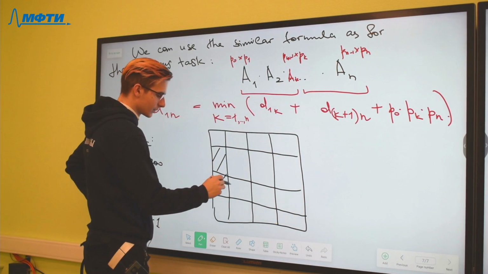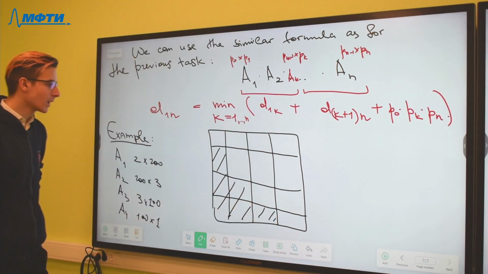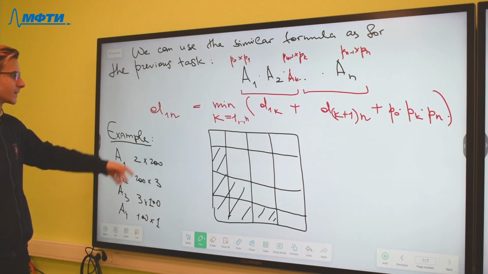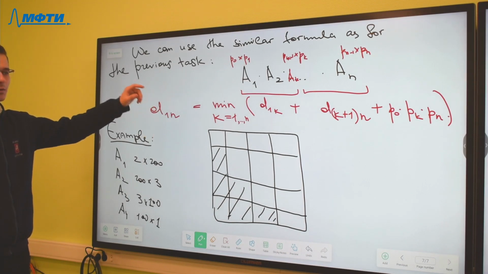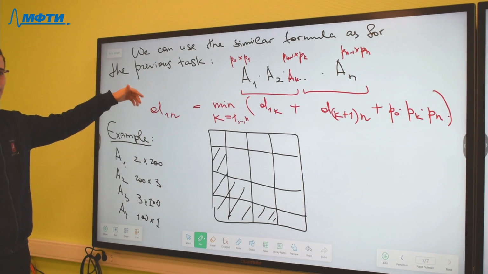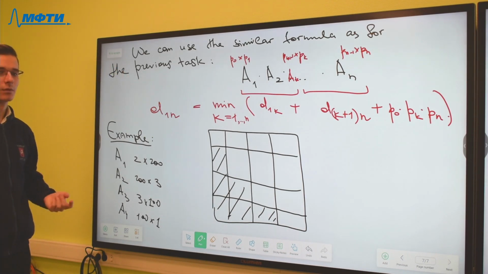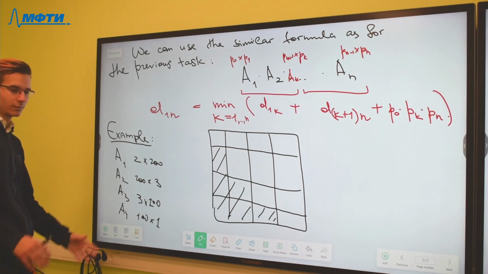As you see, we don't need this part of the matrix. And for example, if we have D with the same indices, i and i, how much time do we spend for computation if we have only one matrix?